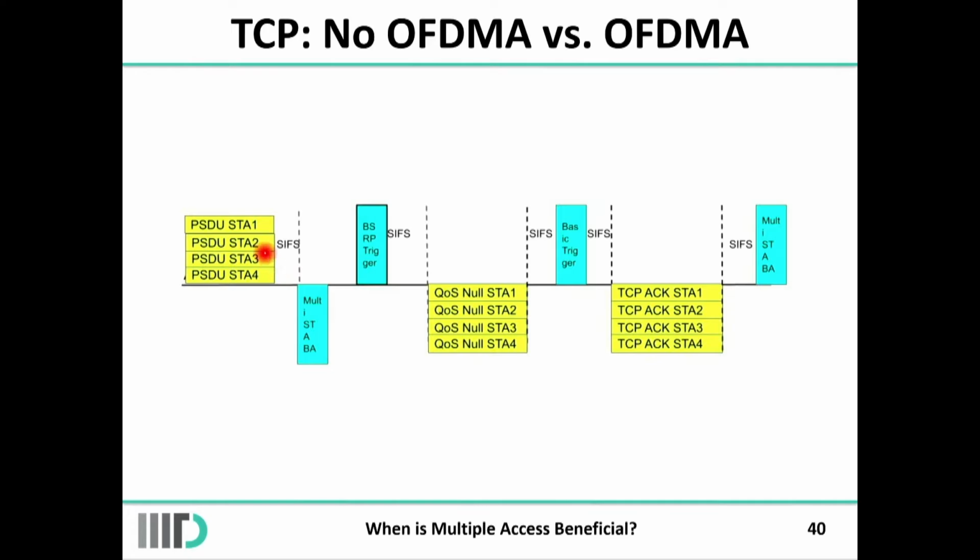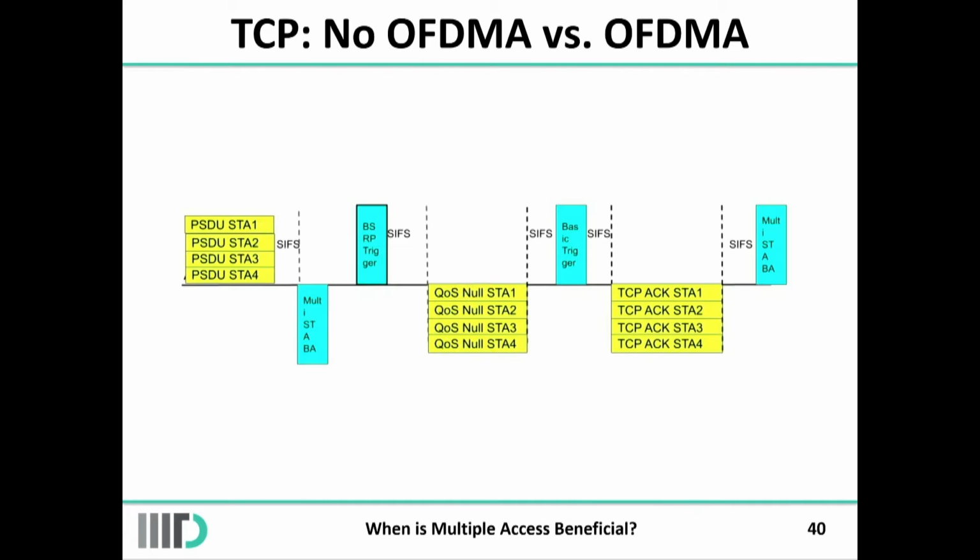So this is the downlink data going to the stations. Then there is a multi-station block acknowledgement. Then there is a BSRP trigger frame that goes from the AP to the stations. Then the clients send their buffer status report through something called QoS null frames.